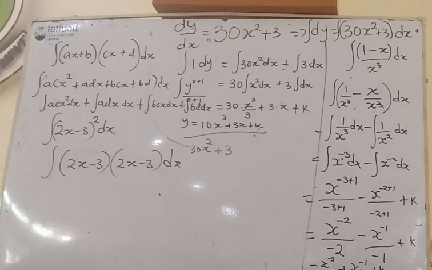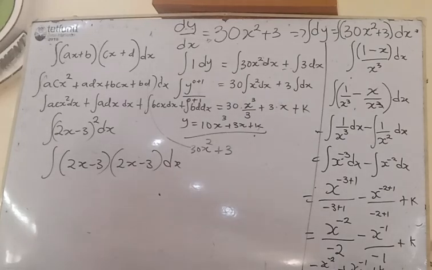What did you get? Okay, so you got 4x cubed over 3 minus 6x squared plus 9x. Who else got that? What did you get? Minus. Yes. Plus 9x. Yes, it's correct. What did you get? Okay, yes. It's correct also.